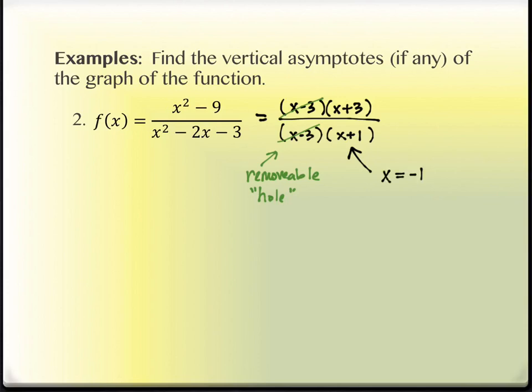So if I put in -1, the denominator will be 0. And if I put -1 in the numerator, it's not 0. You can think about putting -1 into the numerator of the reduced piece that has the x plus 3, or the original piece, x squared minus 9. It won't matter. If I put in -1, I'm still not going to get 0 on top. So right here at x equals -1, this is my vertical asymptote.